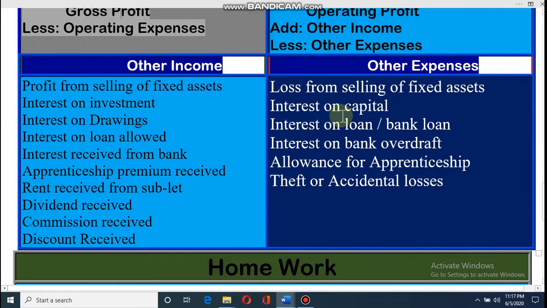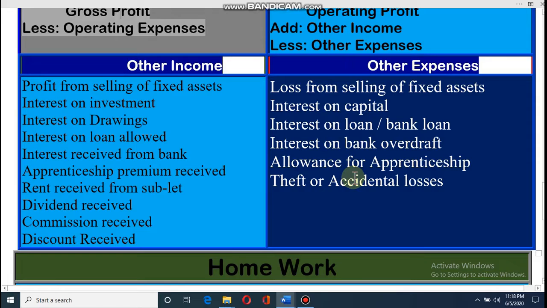That means if your owner would like to get some interest from his investment, that is interest on capital, that is also another expense. Then interest on loan, bank loan, etc. Dear student, allowance for apprenticeship. That means if you give any allowance to the trainee, to the apprenticeship, then it is your expense. Then theft or accidental loss. These are some examples of other expenses.